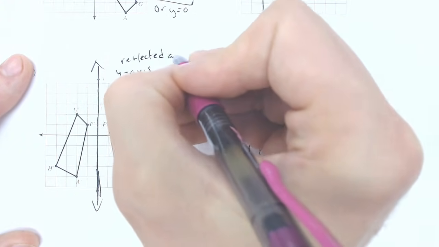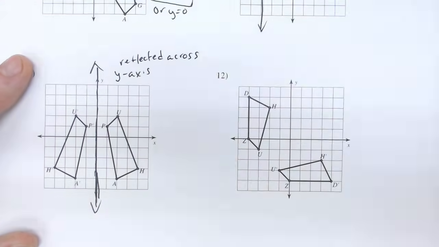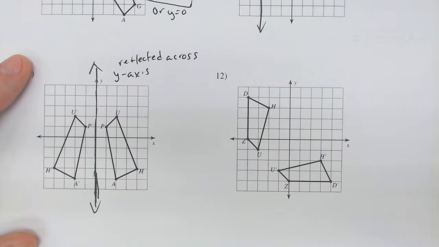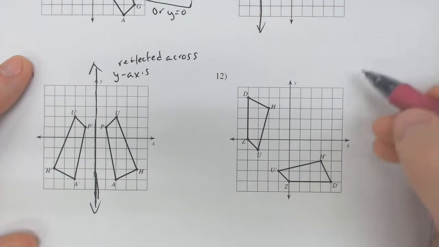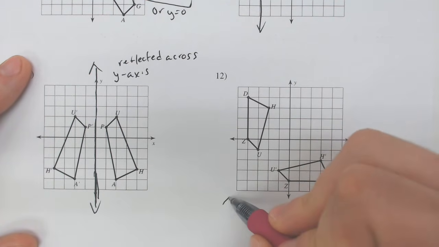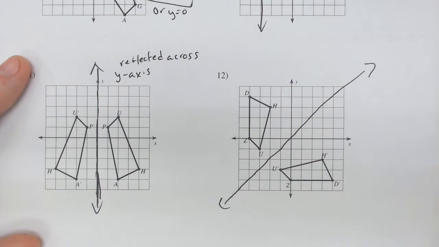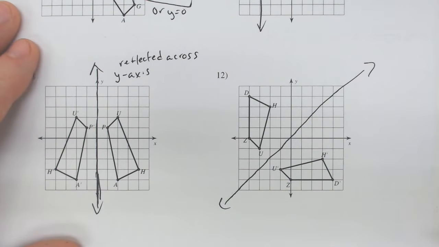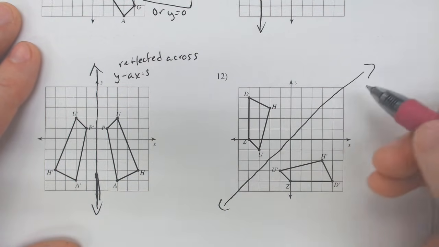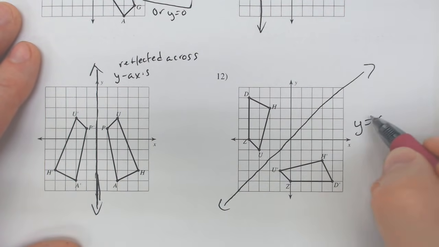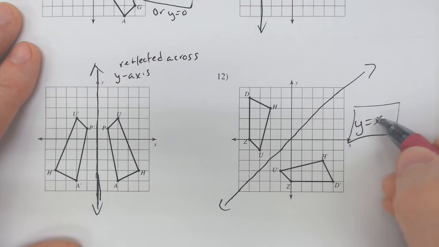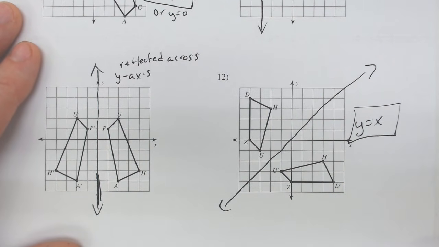Or across. I'll write across this time. Reflected across the y-axis. And number 12, the last one, if we draw this diagonal line right here, we would end up with where it was reflected across, which is actually a positive sloping diagonal line. And if it's a positive slope, then we would want to write y equals x as our reflected line.